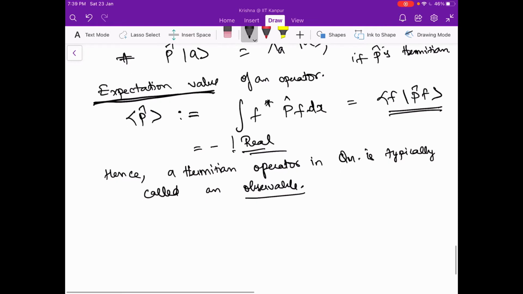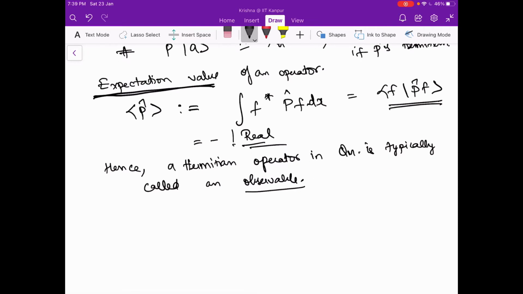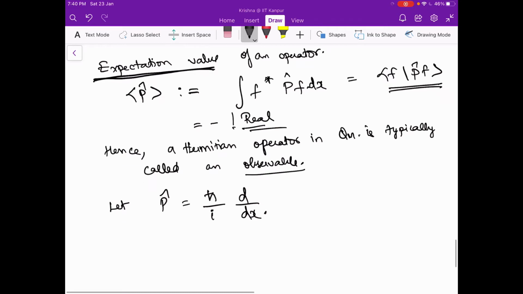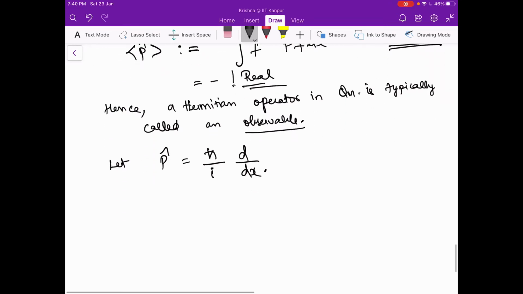Okay, so now let us take an example of this and study these operators a little bit more in detail. So let us assume an operator, something of this sort, h-bar by i d by dx. So this is an operator, right? Now, is this operator linear? So what's the meaning of a linear operator?